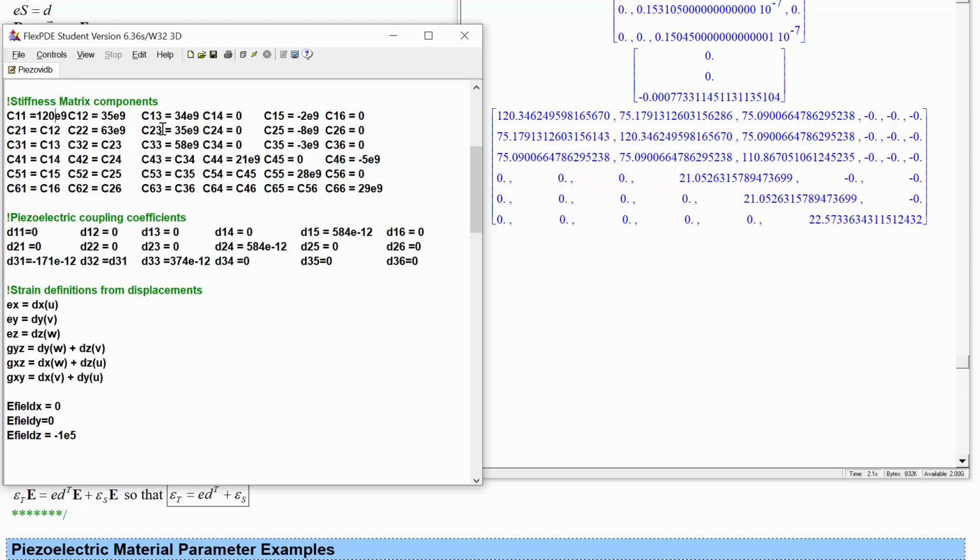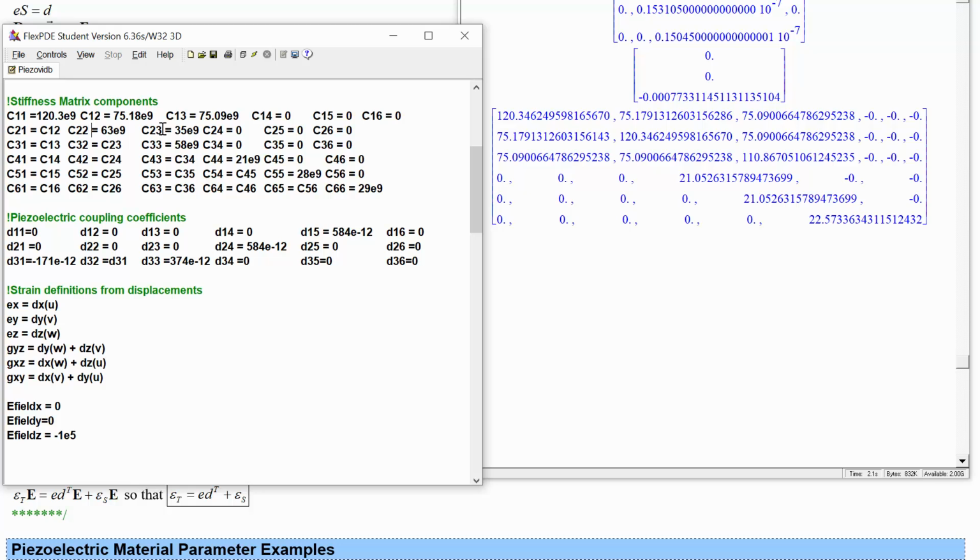So this is 120.3, 75.18, 75.09, and this one is 0, 0, 0. We'll just zero these off-axis components now before I forget.